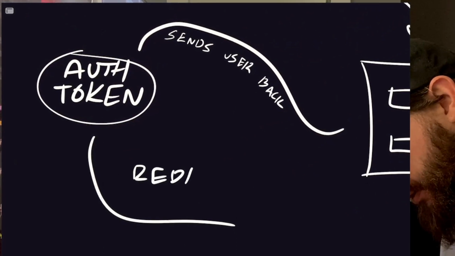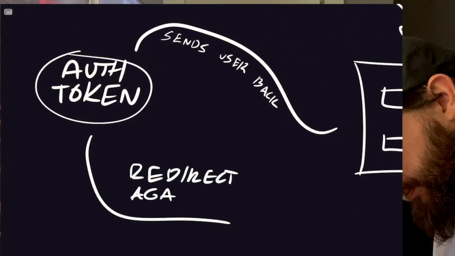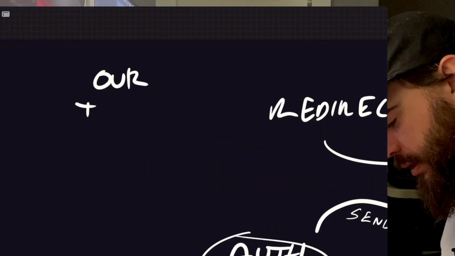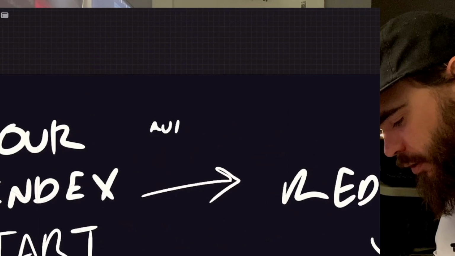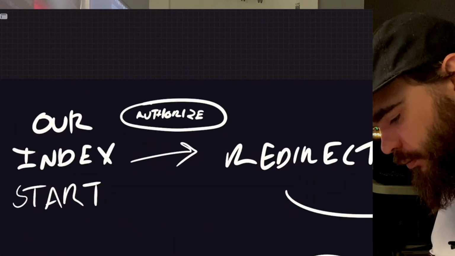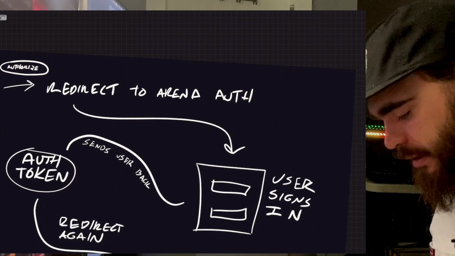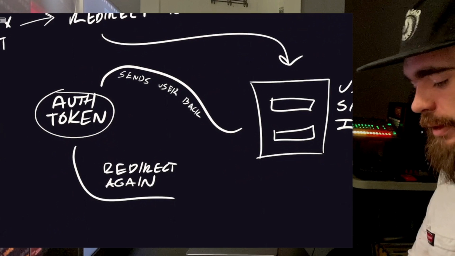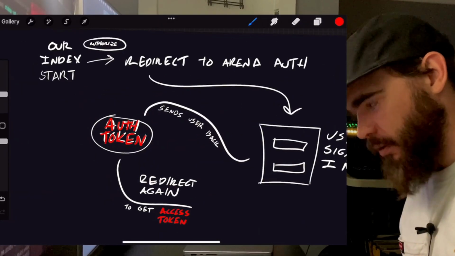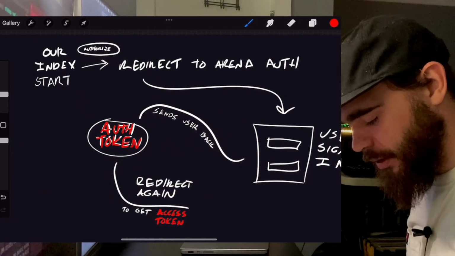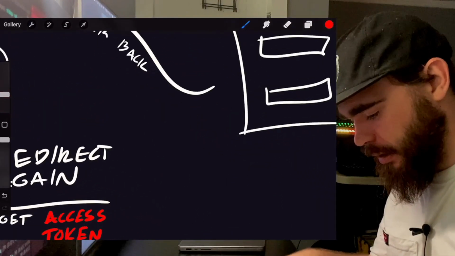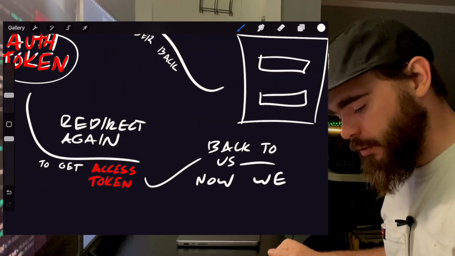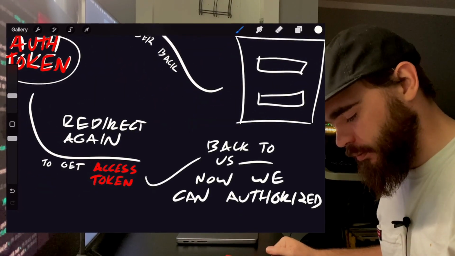So we redirect again. So our index, we have a little authorize button. We send them to the arena auth, they sign in, it sends them back with an auth token. We redirect again. We get our auth token and our access token, and then I believe with the access token, we can make authorized requests. That's the plan.